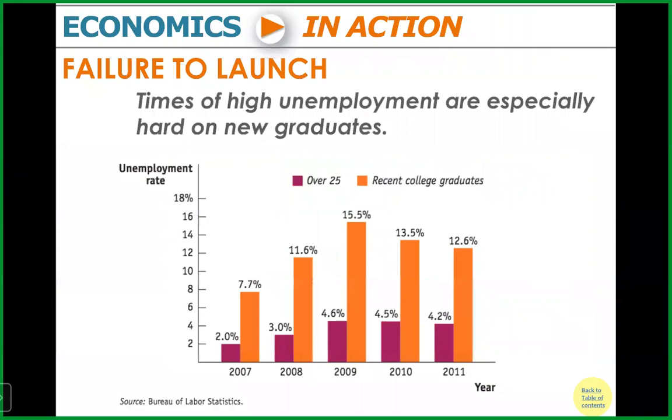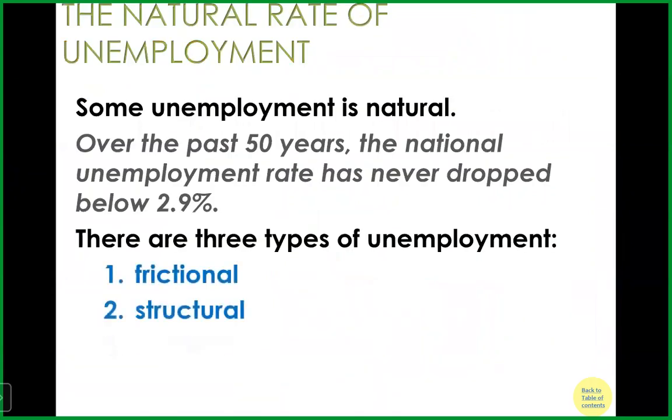Now let's go to the next topic. This goes back to the point I raised at the beginning. In history, the unemployment rate was never close to zero, and usually it's above, right? Now we need to understand why. Why was the unemployment rate never close to zero?